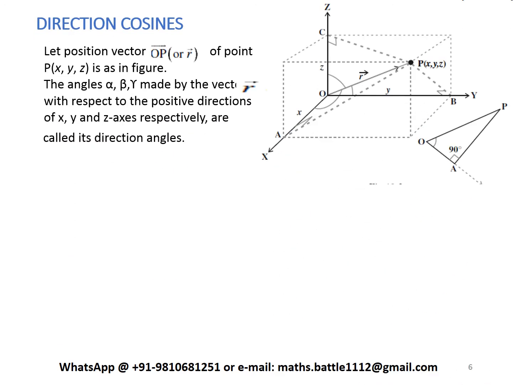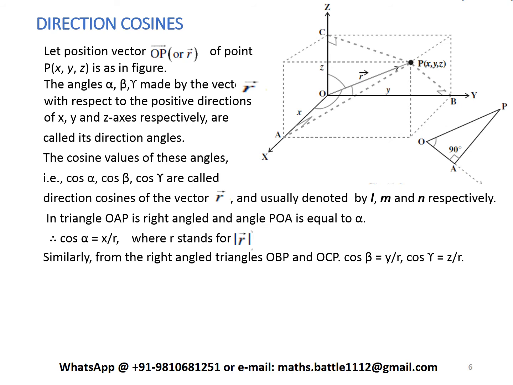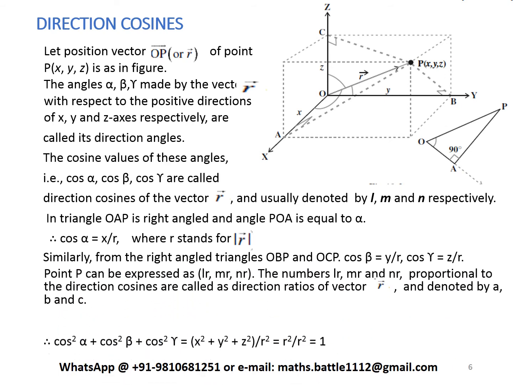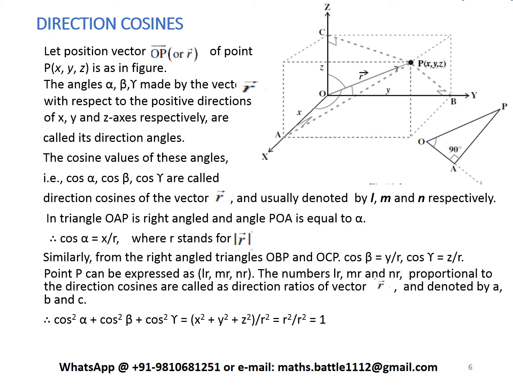Direction cosines. Let OP or vector r be the position vector of a point P(x, y, z) in the figure. The angles alpha, beta and gamma made by the vector r with the positive directions of the x, y and z axes respectively are called the direction angles.